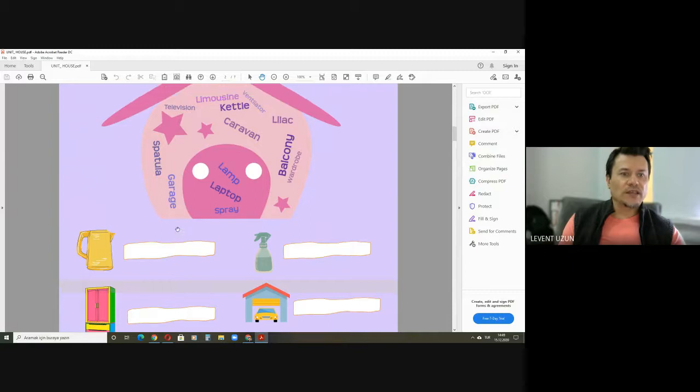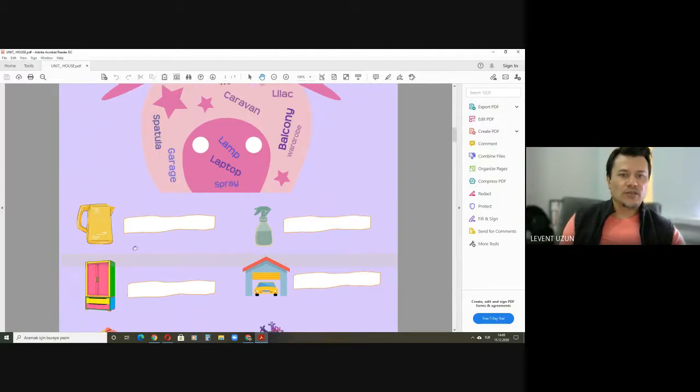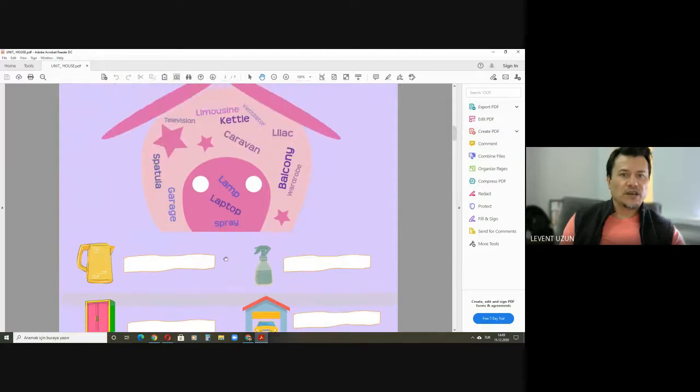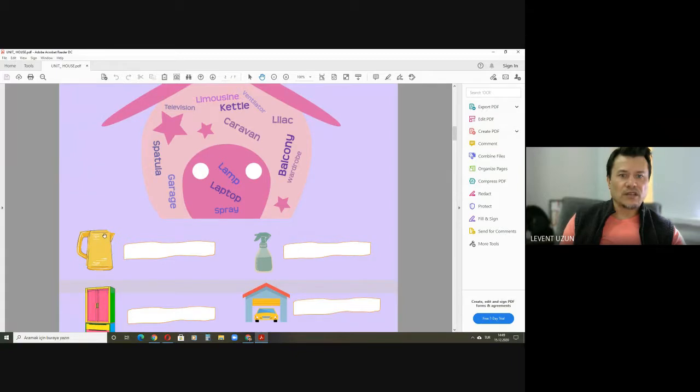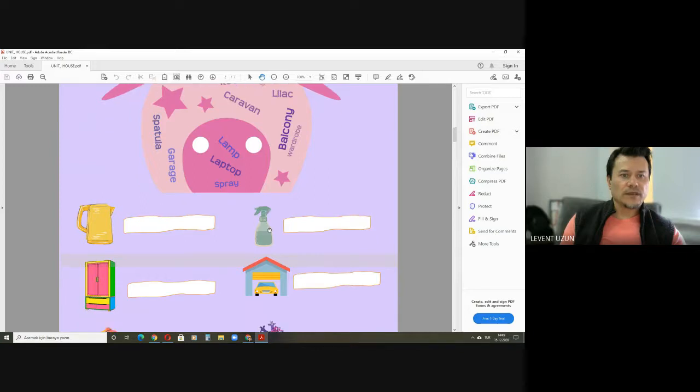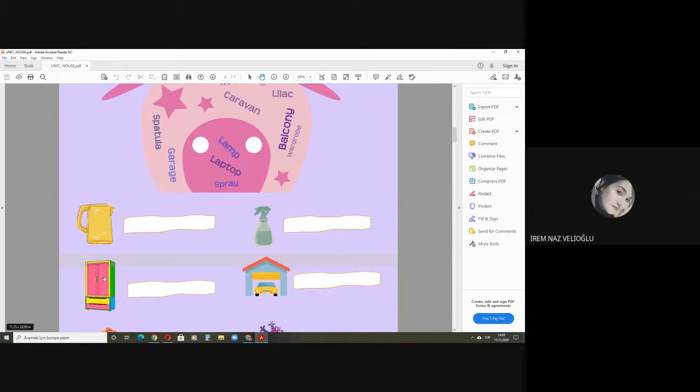Good. And then you ask them to write these words next to the pictures here, which are clear. We need to check whether the visuals are clear. This one, kettle. This one, spray. This one, wardrobe.